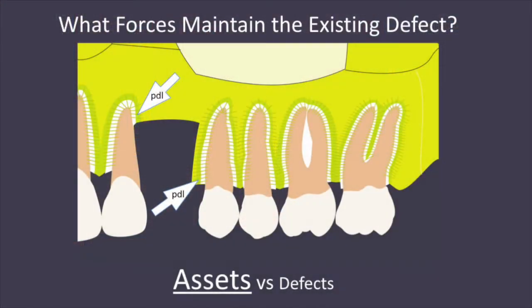This approach examines first what are the regulatory systems adjacent to, surrounding the defect, that are maintaining the current morphology, because those factors are the factors that will control healing. So in this situation, we have to understand the limitations of conventional treatment.